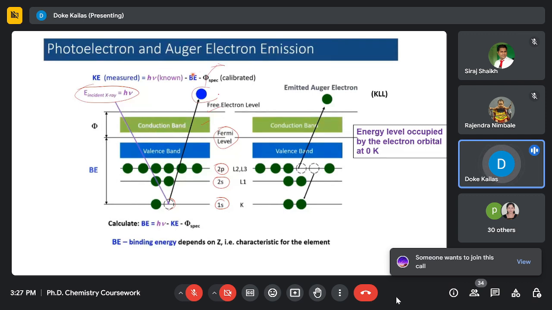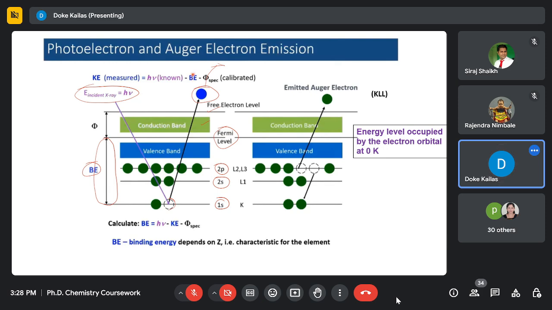And the kinetic energy of these photoelectrons is measured with the help of the instrument. Now here I am telling you what is meant by binding energy. It is the minimum amount of energy required to remove the electron from any shell up to the Fermi level. This much amount of energy is nothing but the binding energy of that particular electron. What the Fermi level is, I will explain.